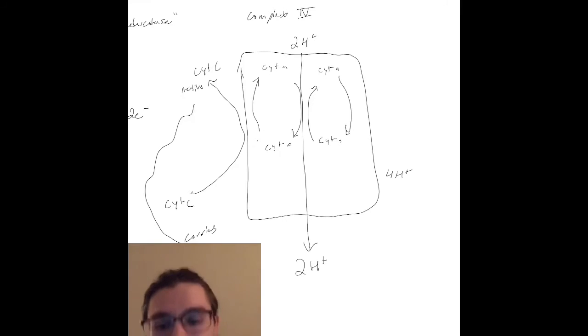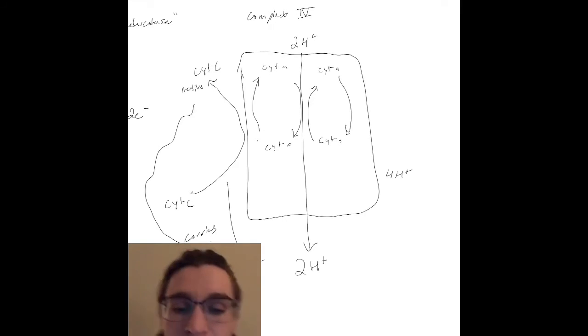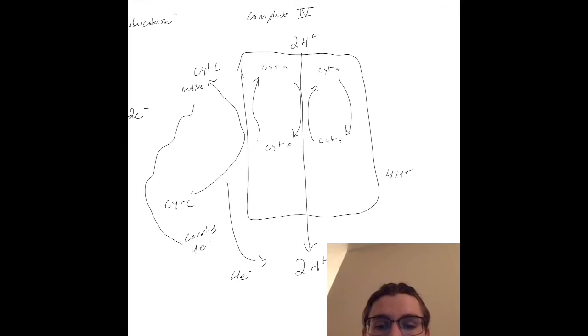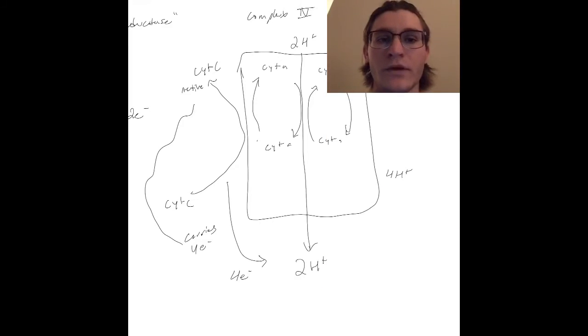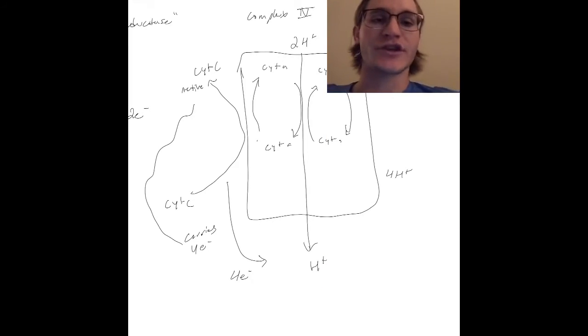And like I said earlier in the video, oxygen molecules are essential for the electron transport chain to work. Without oxygen molecules, the electron transport chain won't start up, it won't work at all. So it's very important.